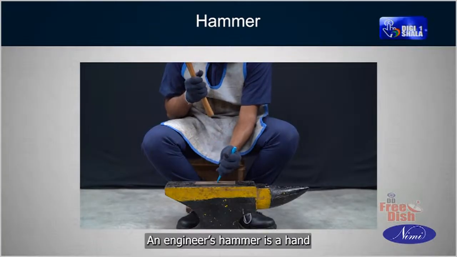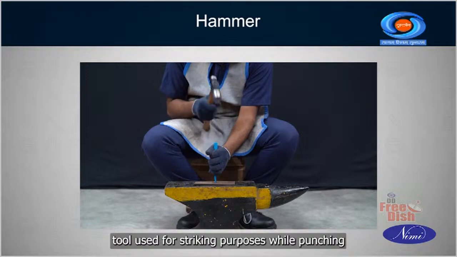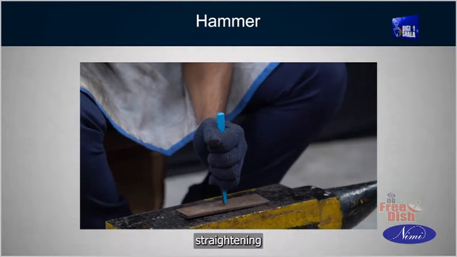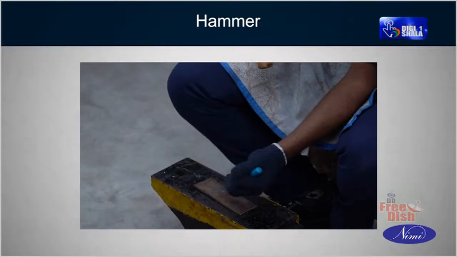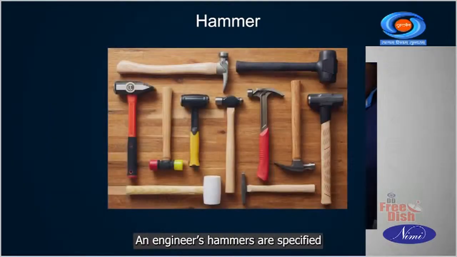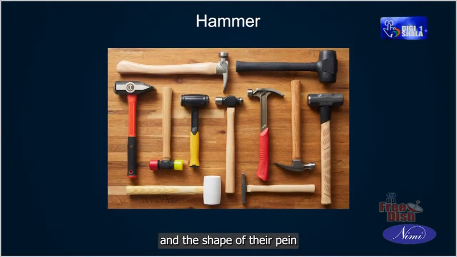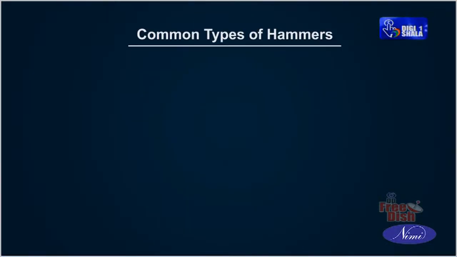An engineer's hammer is a hand tool used for striking purposes while punching, bending, straightening, chipping, forging and riveting. Engineer's hammers are specified by their weight and the shape of their pin. Common types of hammers.